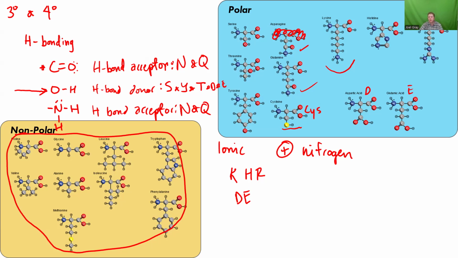That's important. But then what I think is a better question regarding protein structure and amino acids is if I gave you something like this. So I might give you a hand-drawn picture of an amino acid.